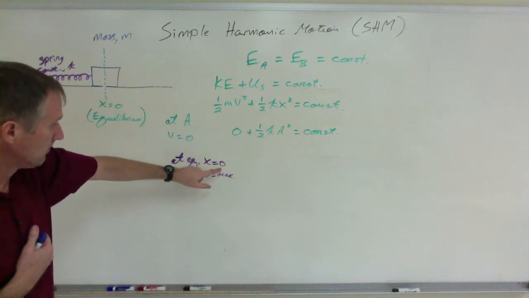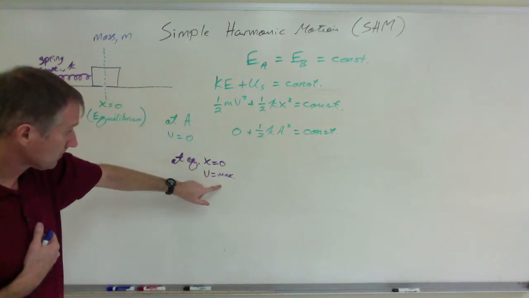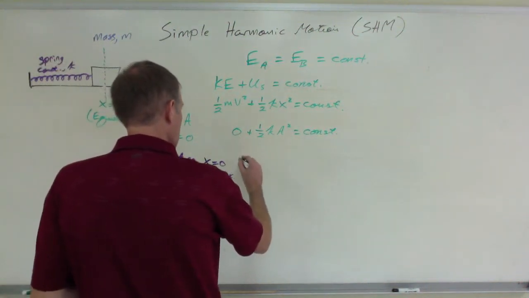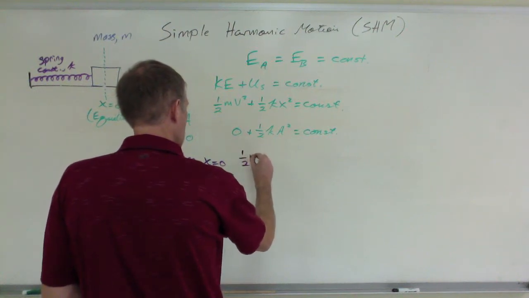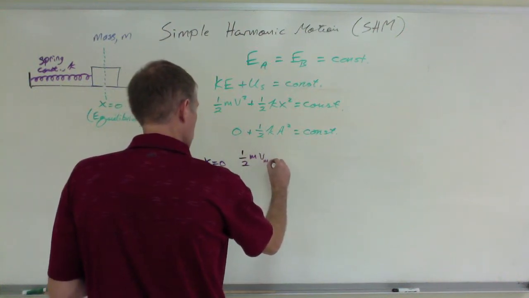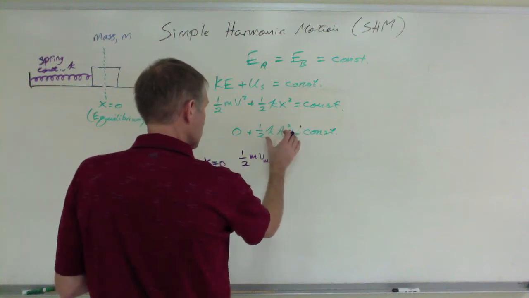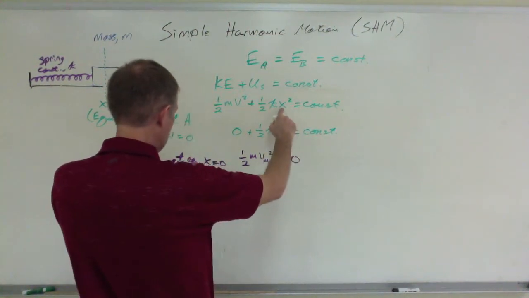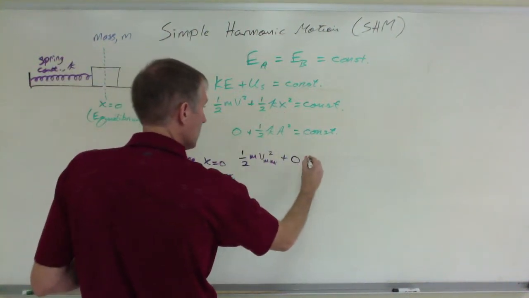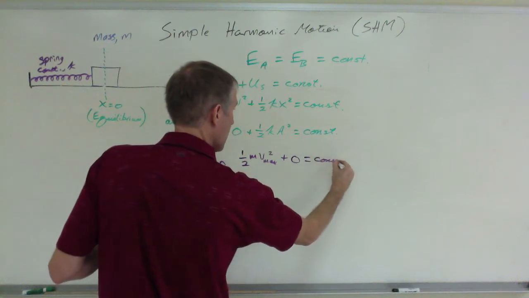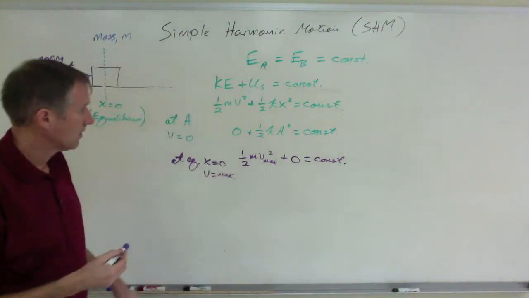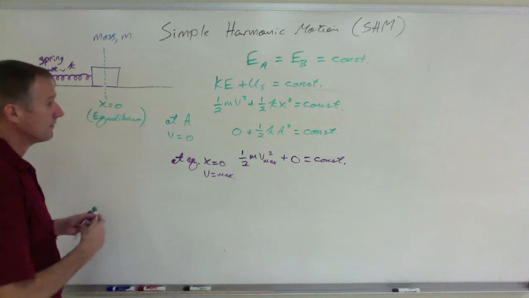All right, it maximizes its speed at equilibrium. And so in that case, this is 1/2 m v max squared plus 0, because x is 0 at equilibrium, equals a constant.